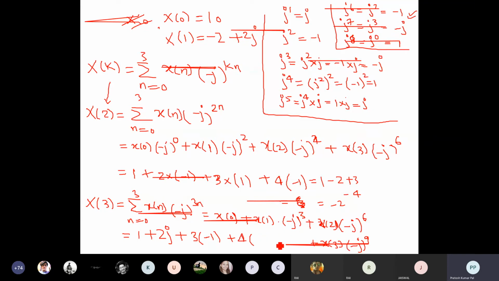So the minus stays outside, and j to the power 9 will be j, so it will be minus j. Okay, so we'll add it again. After adding, this is minus 2 and this is plus 1, so it is minus 2.